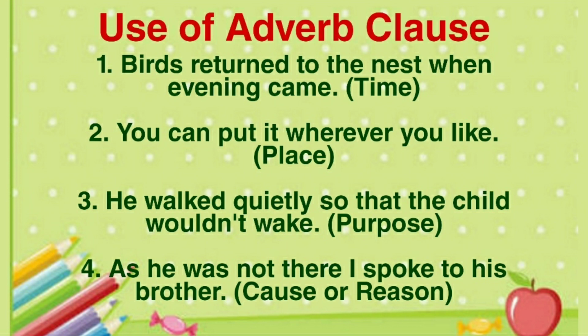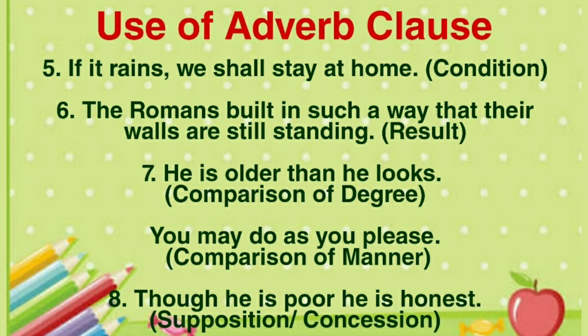And in the fifth, you will see adverb clauses of condition, for which you must also go to our class. The link is given here, conditional clauses. There you will see that if it rains, we shall stay at home. These clauses start with if, whether, and unless.